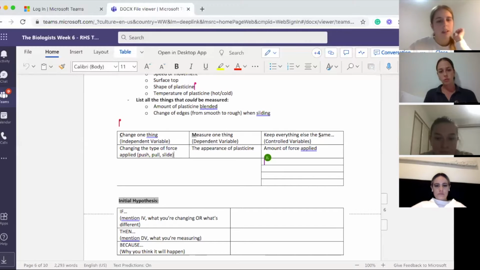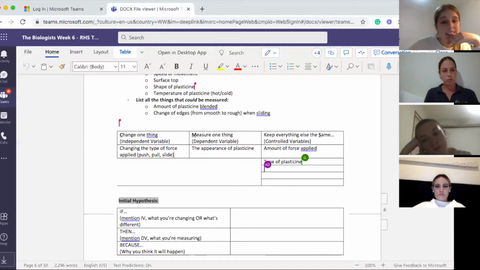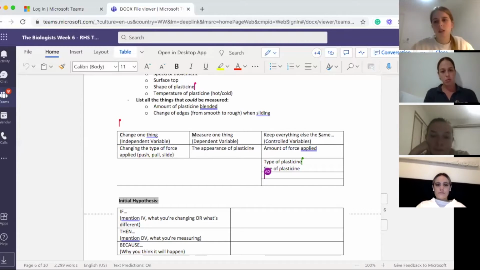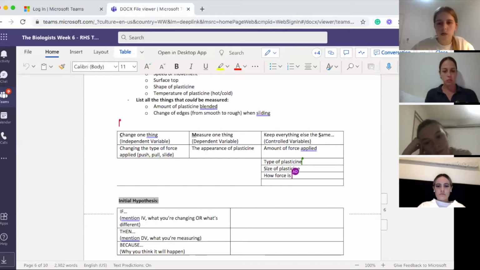The type of plasticine and the size, it's pretty much the same. Like how you're applying force, we're using our hands, so keep that the same. Temperature as well.